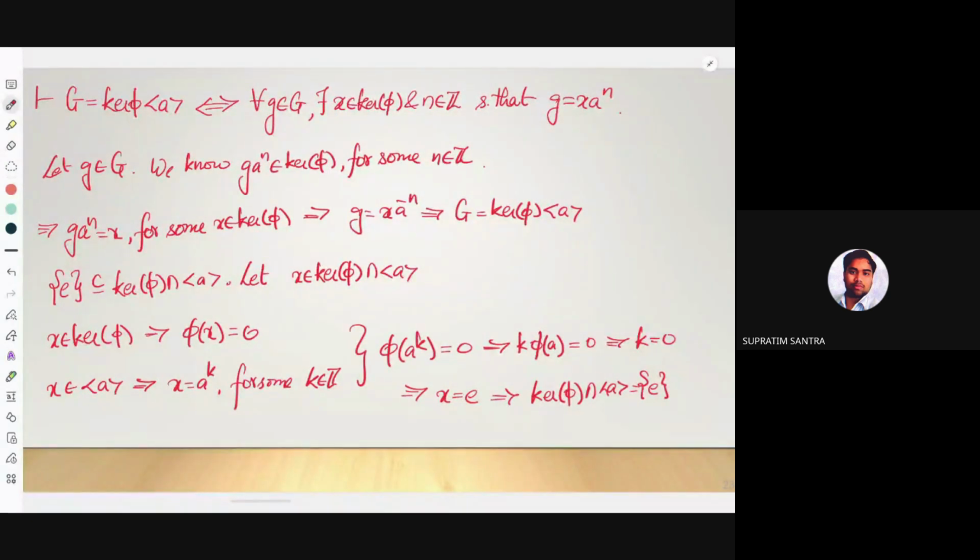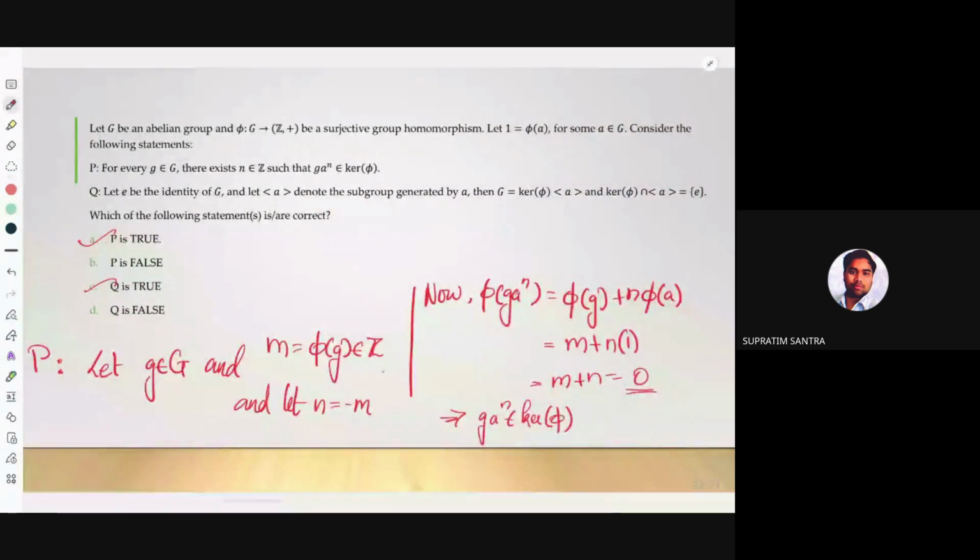G becomes abelian because of that, Z plus is abelian? That's a good point. We have phi from G to Z plus, and suppose G is not abelian.